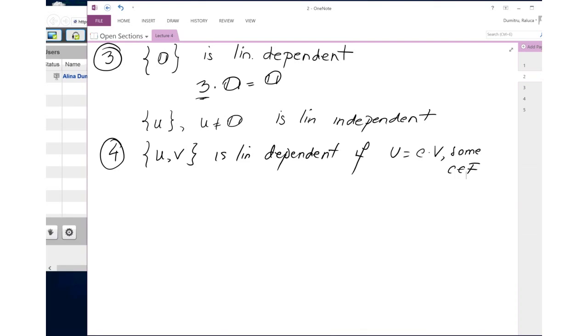Then the entire big set will be dependent because I can come up with that linear combination that defines dependency with 0 coefficients for the other things that I noticed, right? So if I have a dependent subset of a set, then the entire set has to be dependent.